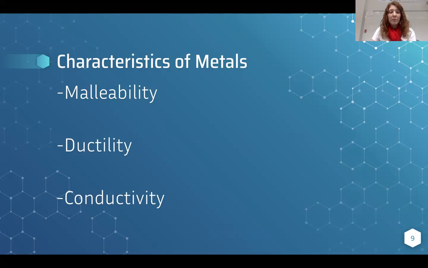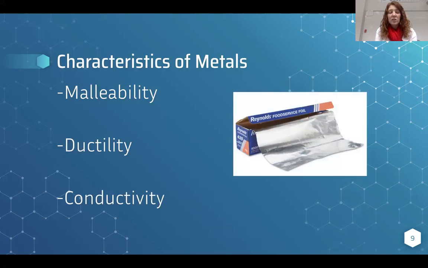Those might be words that you're not familiar with, but malleability is just the ability of metal to be hammered into sheets. Aluminum foil, which we should all be very familiar with, is this idea of malleability. Aluminum, a metal, is able to be hammered out into sheets.